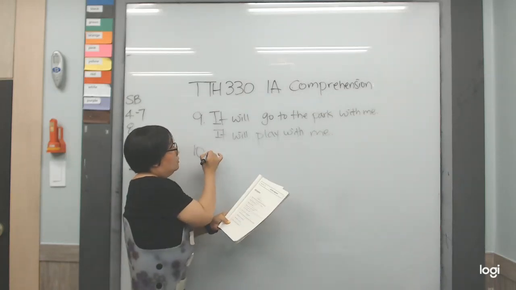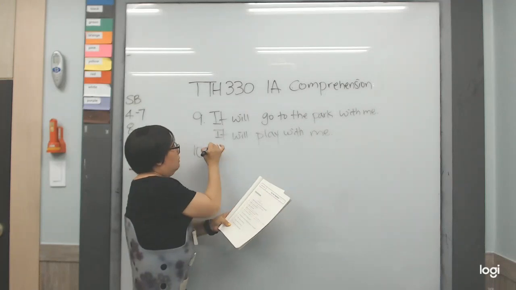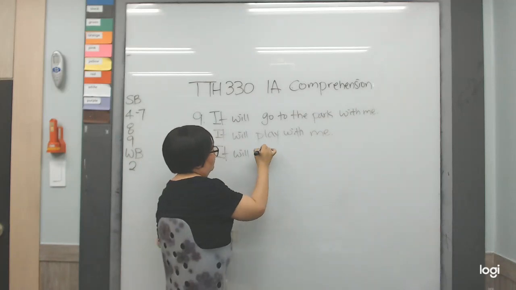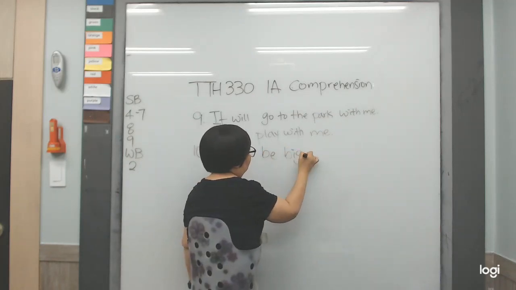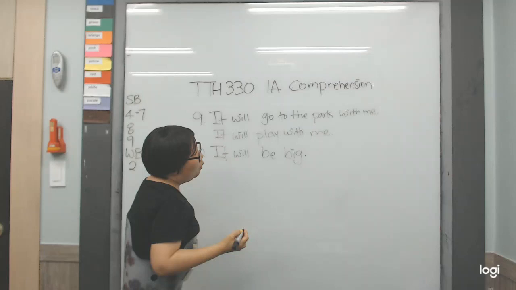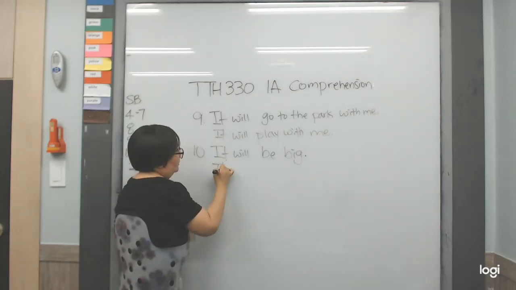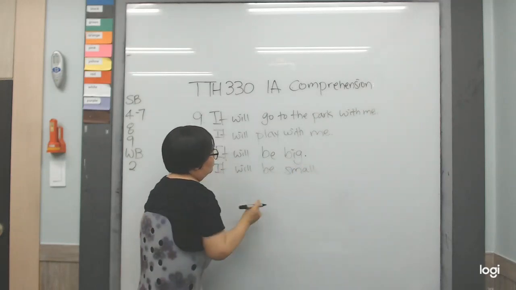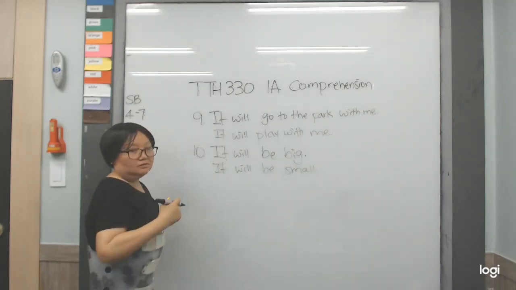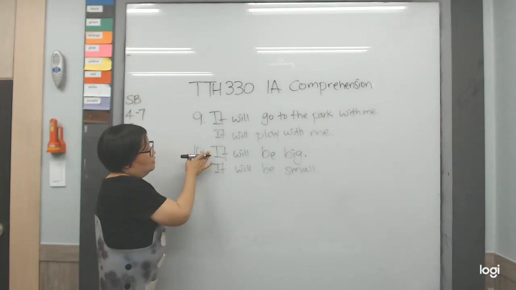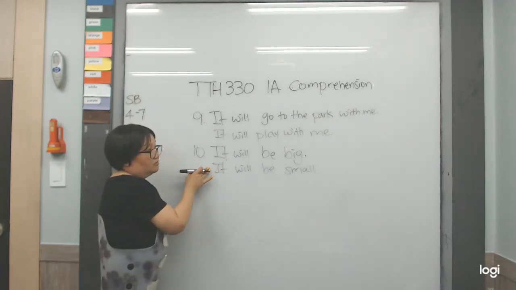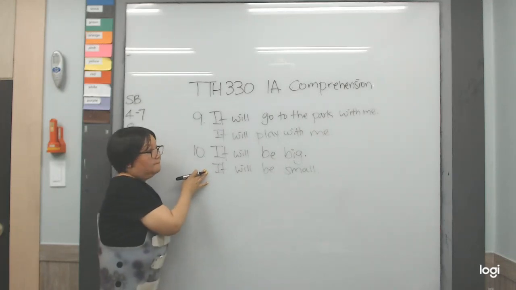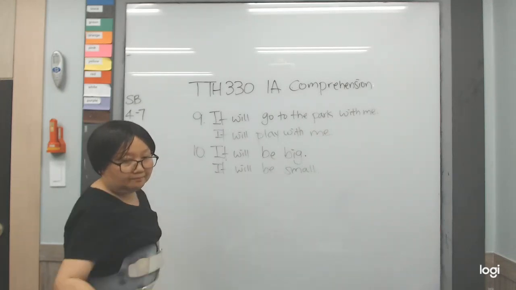You can write down, it will be big. Or you can say, it will be small. You can choose one sentence. Do you understand? You can just write down one. It will be big or it will be small. Alright? Good job, everybody.